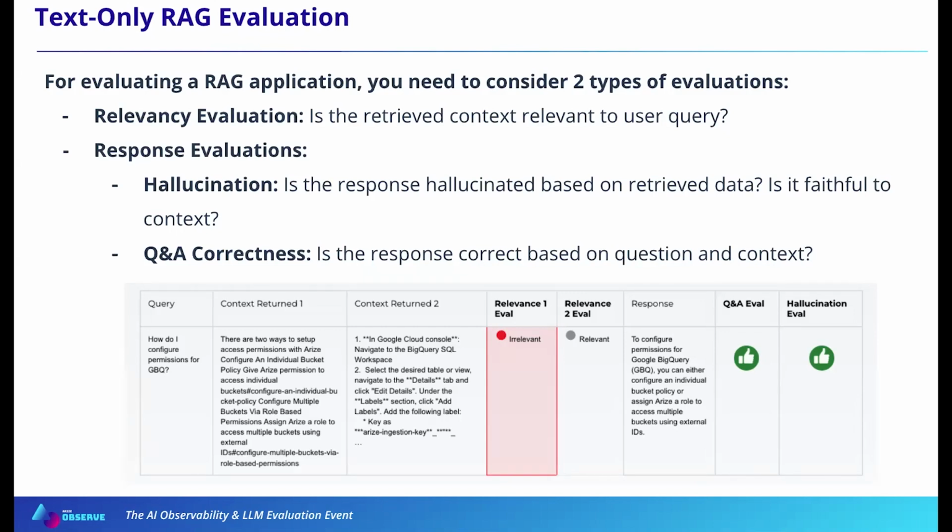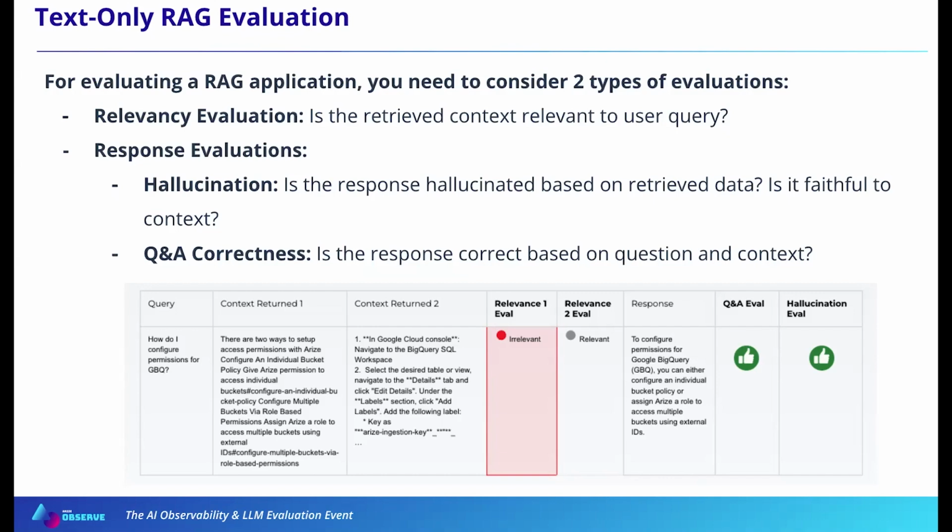Hallucination checks, is the response hallucinated based on the reference context? And correctness checks, based on everything, is it actually correct, right? Given the reference text, the input and output, is it even correct? So we basically recommend that you start with these three metrics as a starting point: relevancy, Q&A correctness, and hallucination for any type of RAG application.